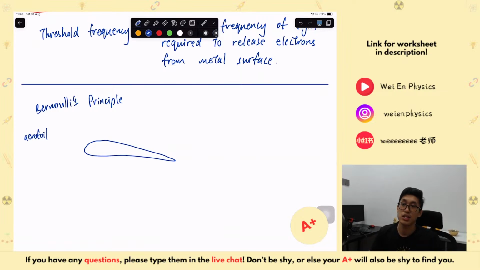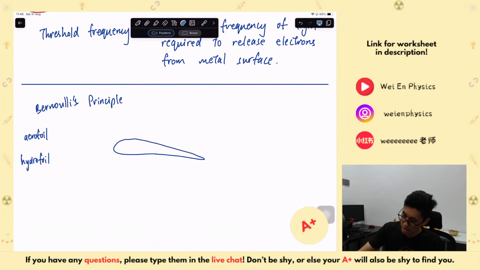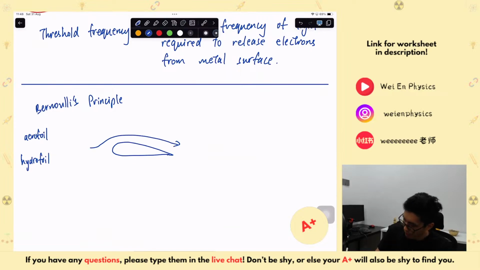If this is in water, it will be called a hydrofoil. Air means aero, hydro means water. So the concept is like this. The part that goes on top will be high velocity and low pressure. The part that goes on the bottom will be low velocity, high pressure.